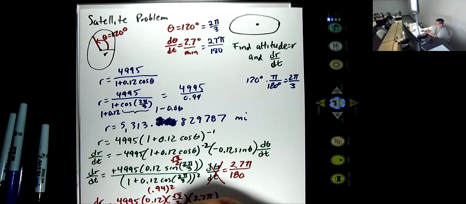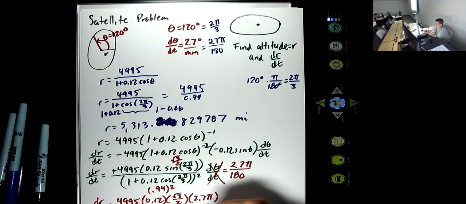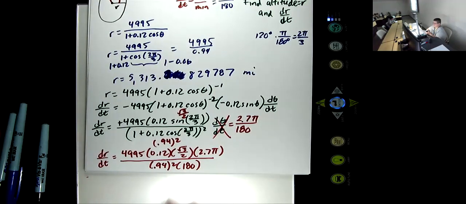On bottom, I have 0.94 squared times 180. Square root of 3 divided by 2 times 2.7 times pi.